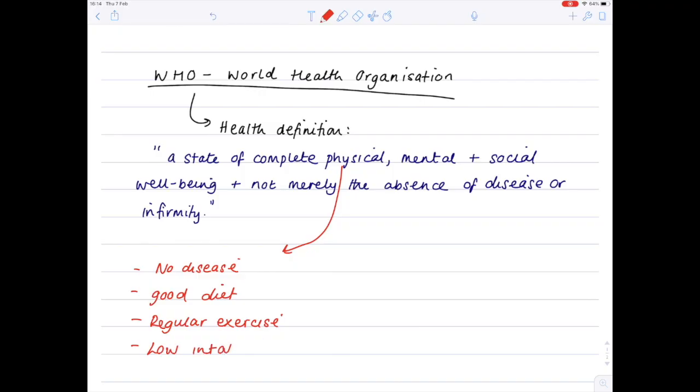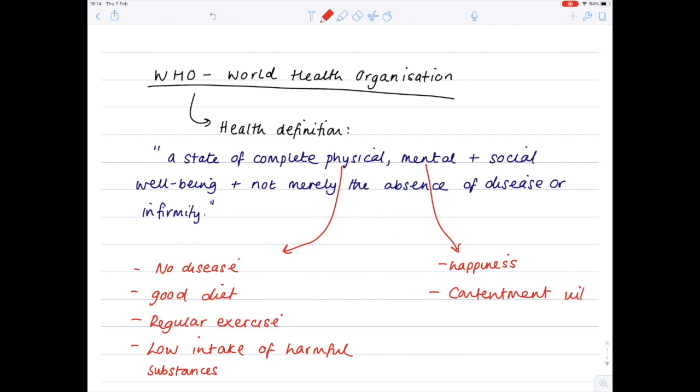So that could be dangerous drugs, for example. Looking at mental well-being, really we're looking for happiness and contentment in being who you are. And if you have both of these things, you have complete health according to WHO.